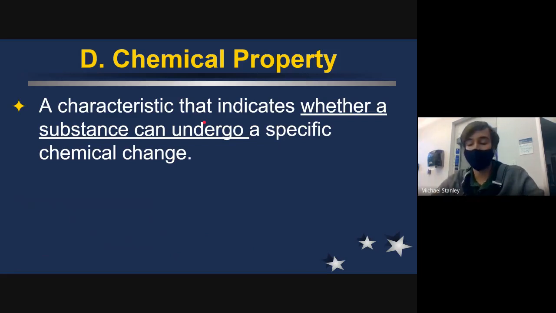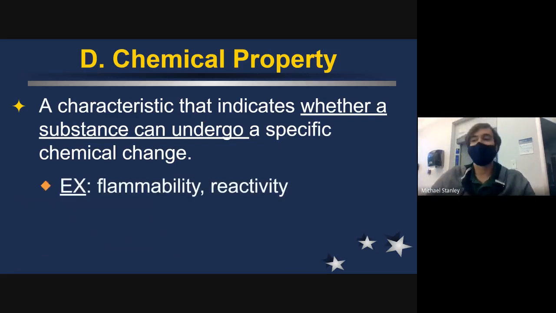So for example, things like flammability: wood and gasoline and propane all share the chemical property of being very, very flammable. It's very easy to light those things on fire.